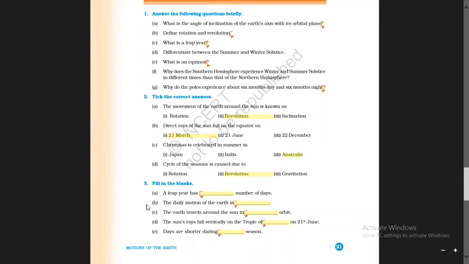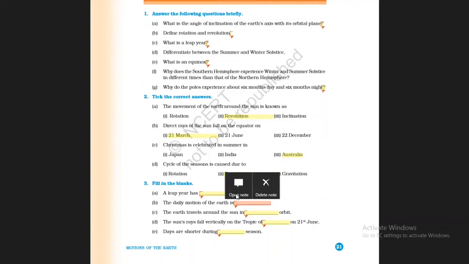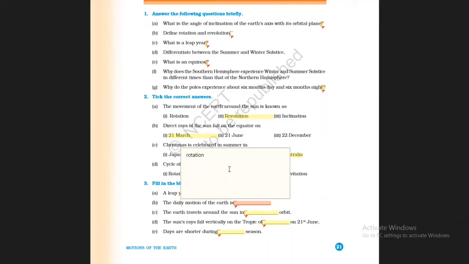Then next one, the daily motion of the earth. The daily movement of the earth, what do you call it? Rotation. You have to write rotation. R-O-T-A-T-I-O-N. In the blank, we'll write rotation.